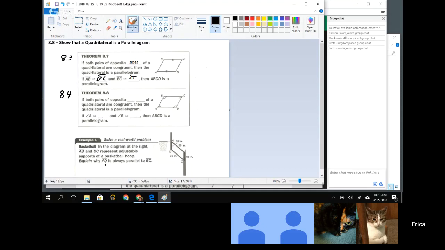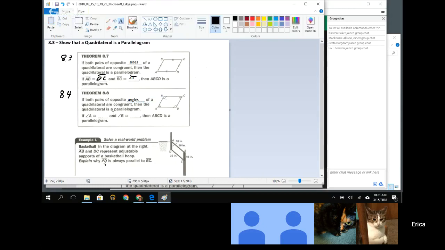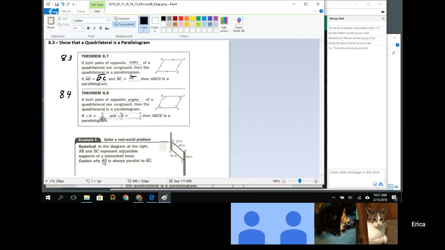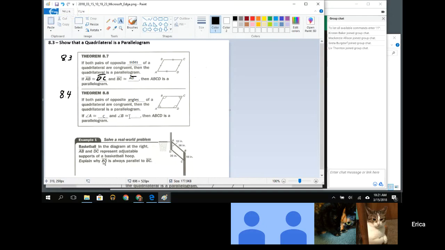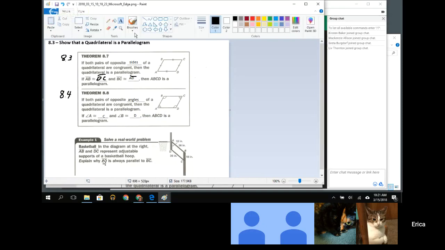This is the exact opposite of theorem 8.3. And then 8.8 is the exact opposite of 8.4. So this says if both pairs of opposite angles of a quadrilateral are congruent, then the quadrilateral is a parallelogram. So if angle A is congruent to angle C and angle B is congruent to angle D, then ABCD is a parallelogram.